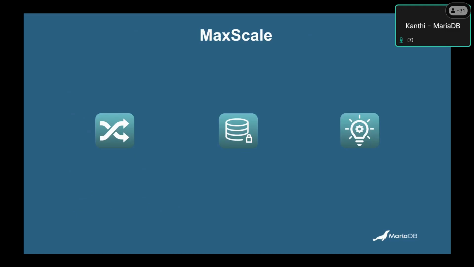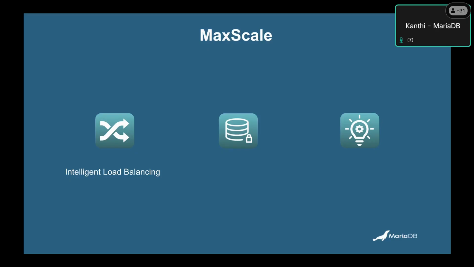Now, I told you about MaxScale, which is going to help us achieve our high availability and security needs today. I just want to brief you on what MaxScale is capable of doing. It is not a simple proxy which blindly does load balancing for you. It is intelligent load balancing. How does it do it?